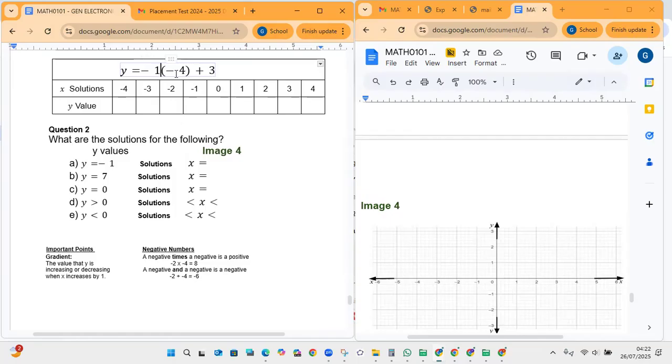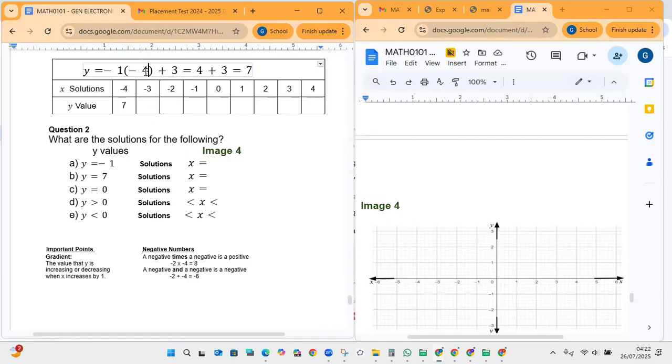So -1 times -4 is equal to +4. A negative times a negative is a positive, plus 7. And this will give us 11, sorry. Okay, so the value of y when the x solution is -4 is 11.